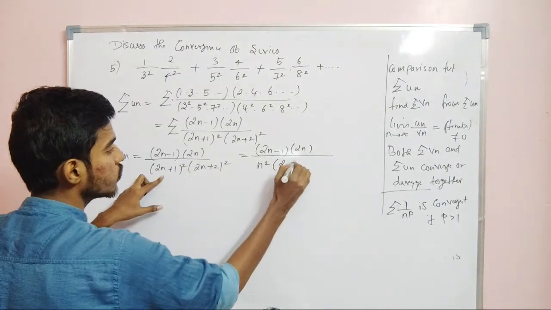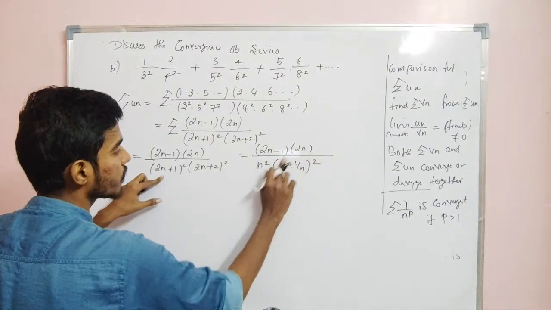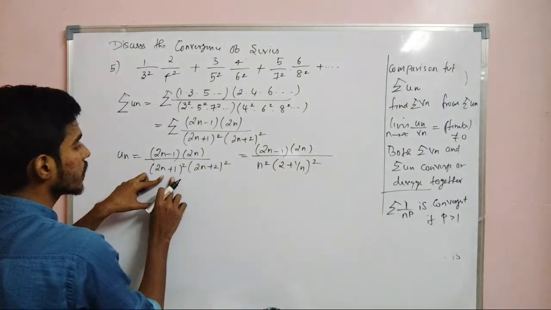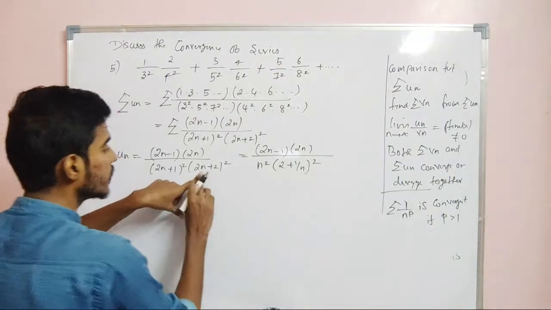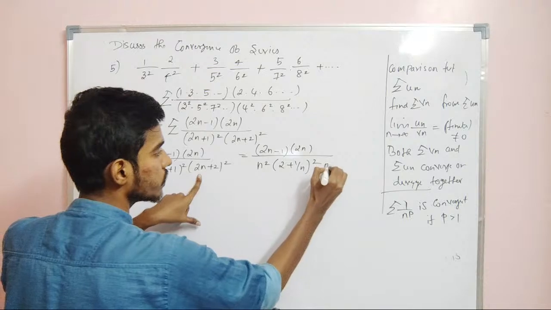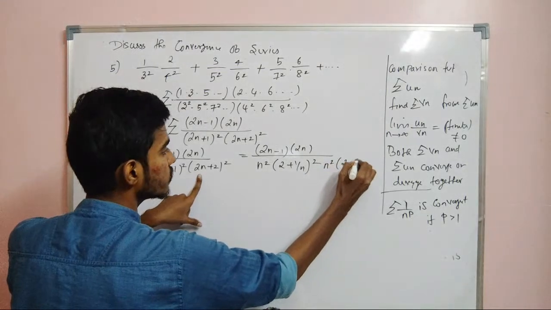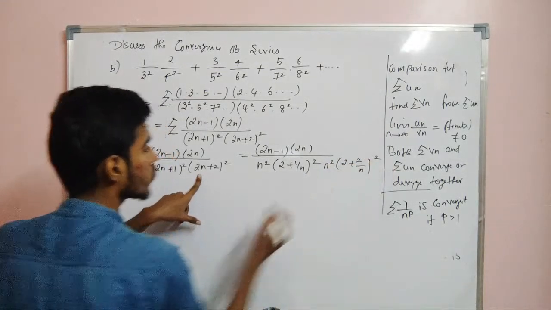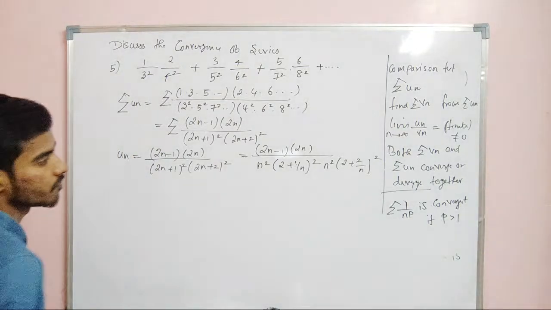So this is nothing but n square (2 plus 1 by n) whole square, right? Again, if I take n common here and bring it outside, we will have to bring it with the square term. So we will have n square (2 plus 2 by n) whole square, right?